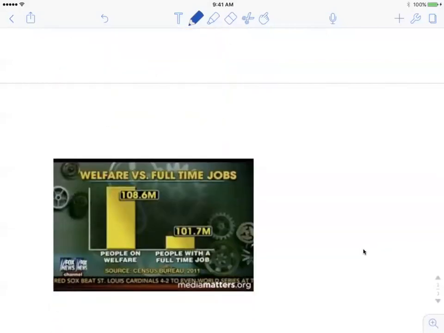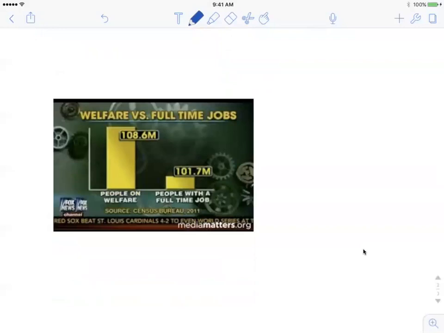If you do see this in the media, here's a screenshot of this exact thing happening, right? People on welfare compared to people with a full-time job. Oh, wow, people on welfare, look at that bar. It's like 5 times as tall as this bar, but they are not starting at 0 here.